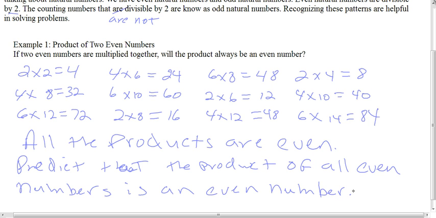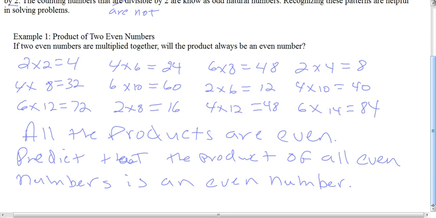Now, is this true? Would we necessarily say that this is correct? Well, we don't know. What we've done here is taken what is called an educated guess.